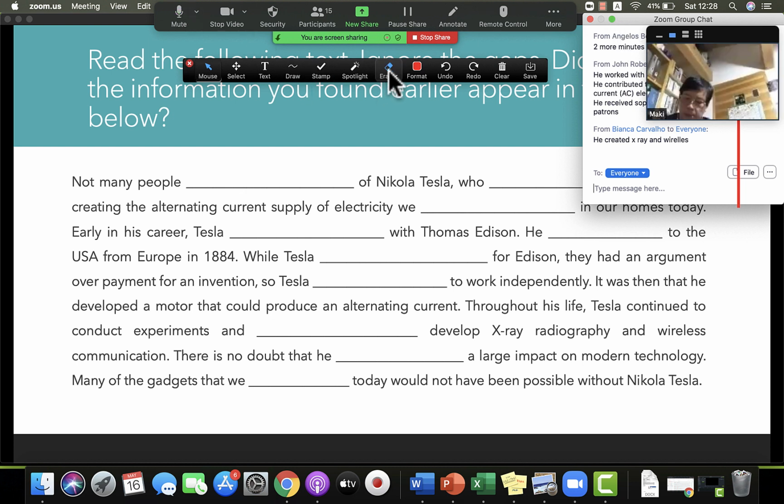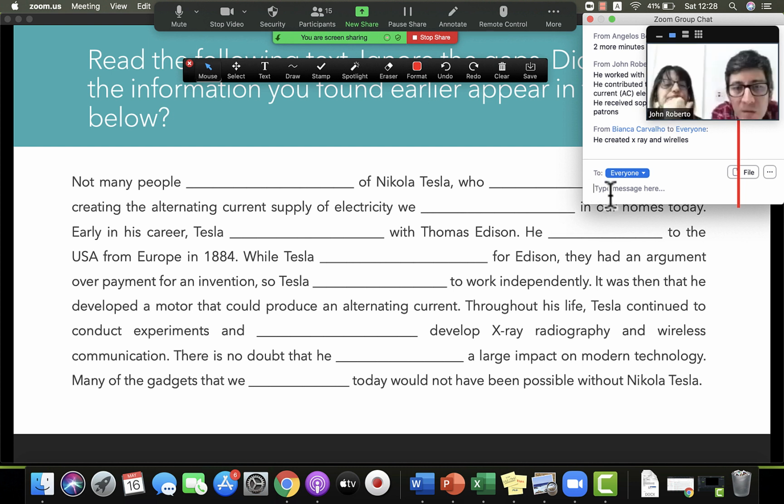Past simple: not many people knew means that it's something only about the past. But today we are talking about Nikola Tesla. How can I talk about the past and the present together? Present perfect.